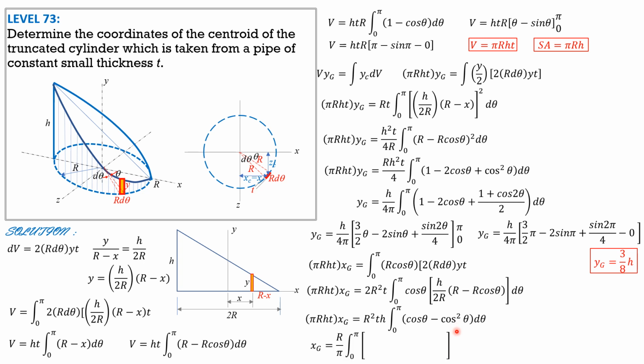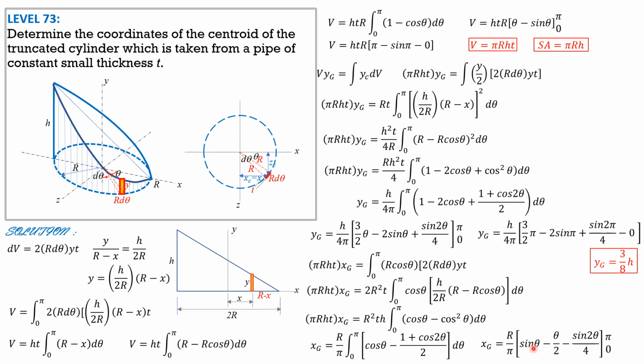So x_G is r over π, after we simplify, the integral from 0 to π of (1 plus cosine 2θ) over 2. So x_G is r over π times sine θ... we have θ over 2, then plus sine 2θ over 4, integrated from 0 to π.